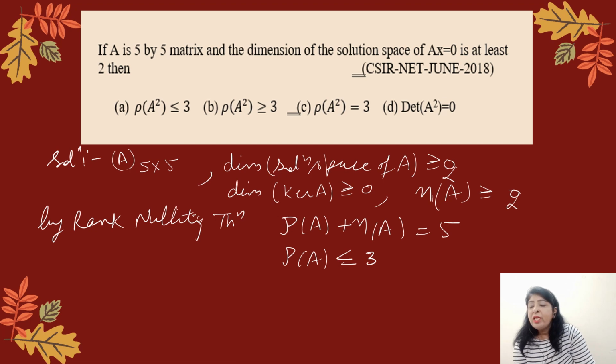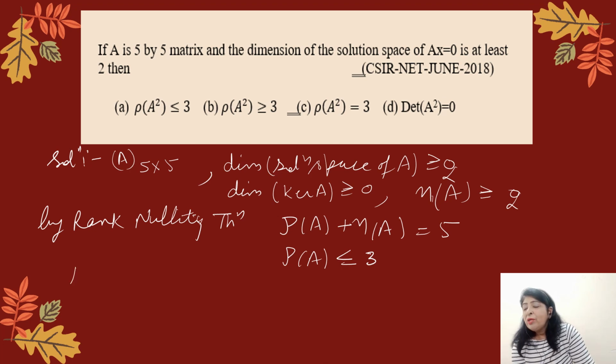Say nullity of A is equal to 2, then 5 minus 2 is equal to 3. Say nullity of A is equal to 4, then 5 minus 4 is 1. And if it is 5, then 5 minus 5 is 0. So rank of A is less than or equal to 3.